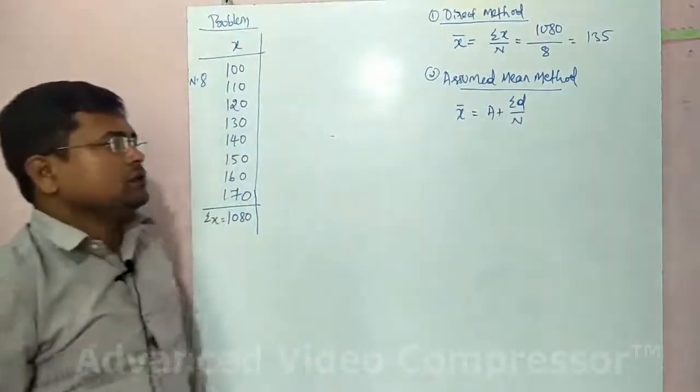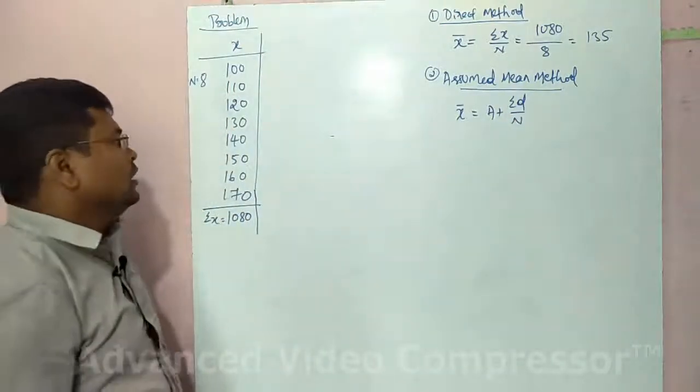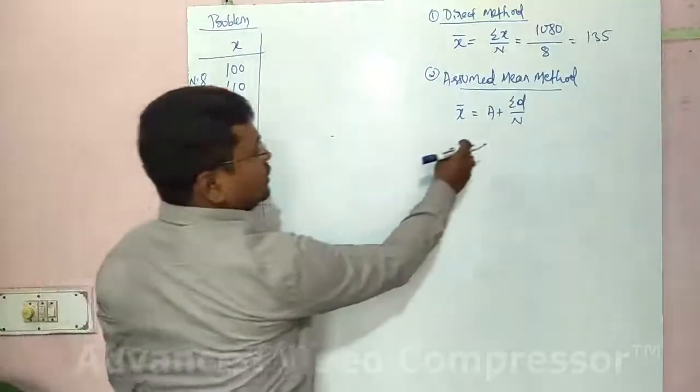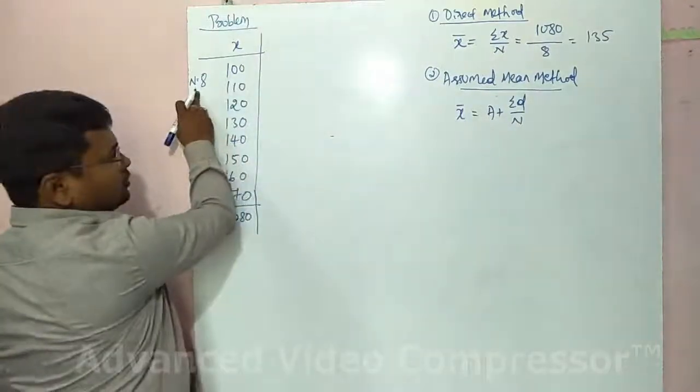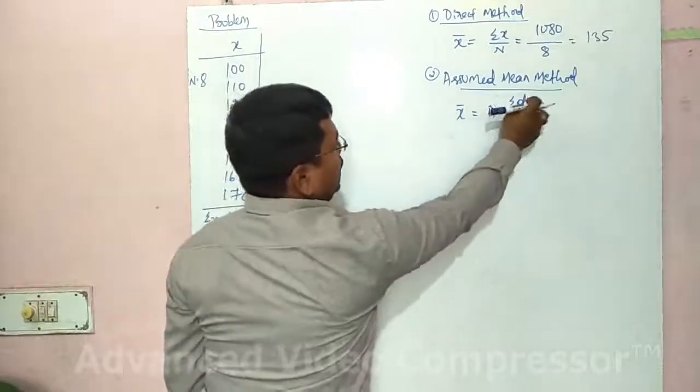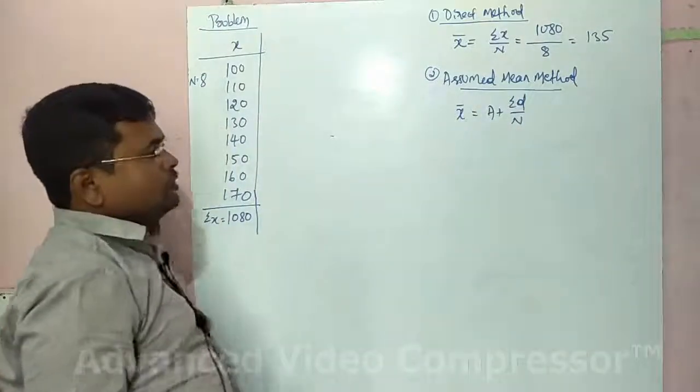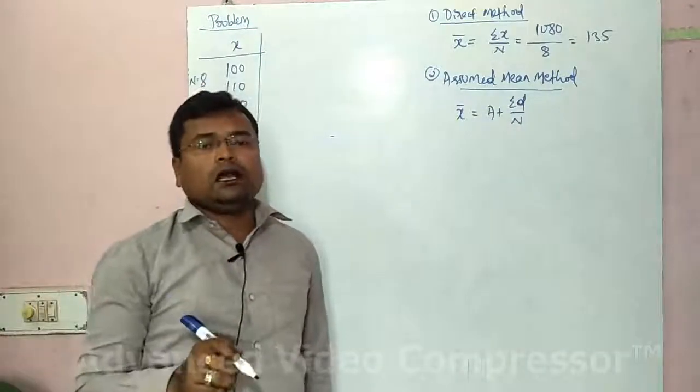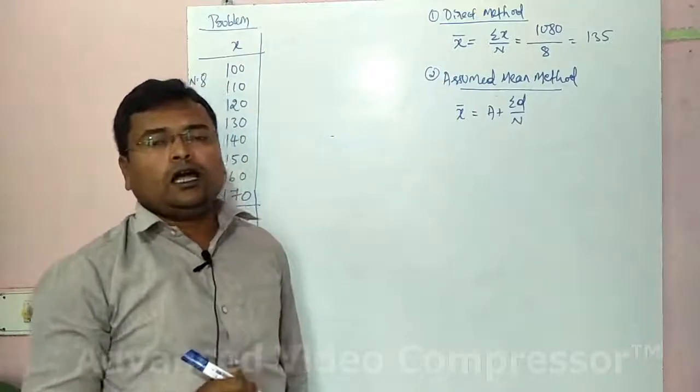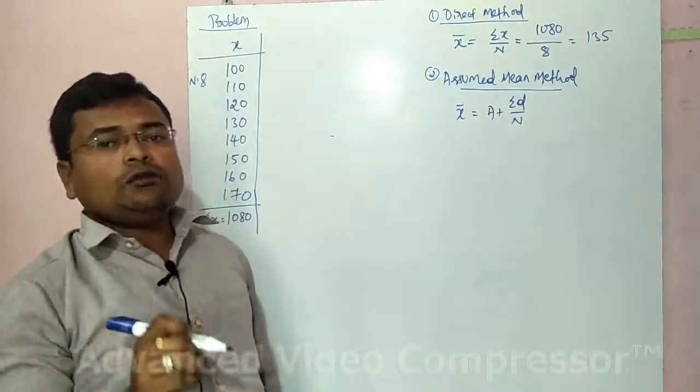We know that n is 8, but we don't know a and d. So what is a? As we have already discussed in the formula, a means the assumed mean.